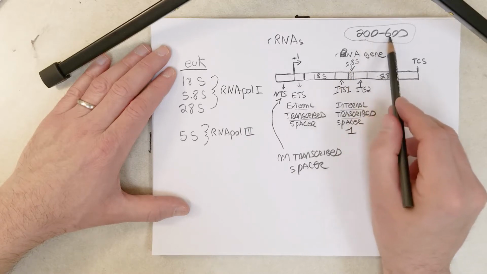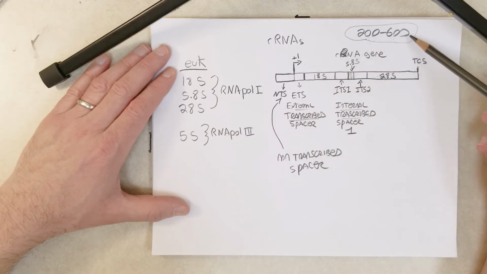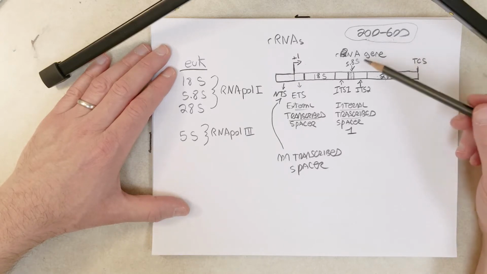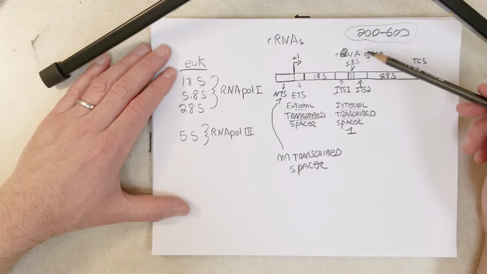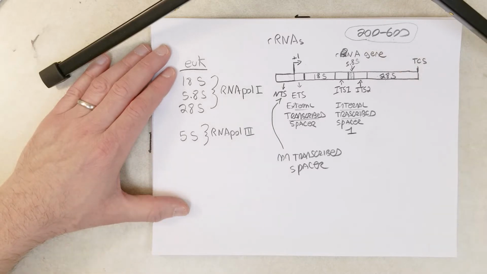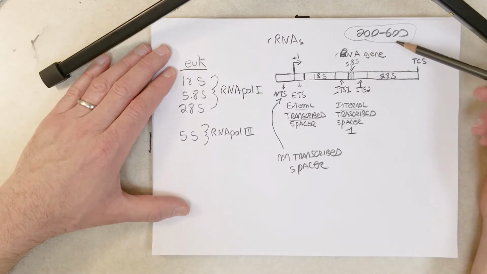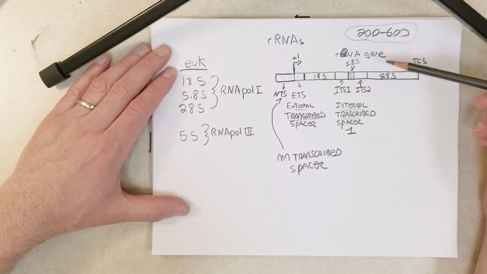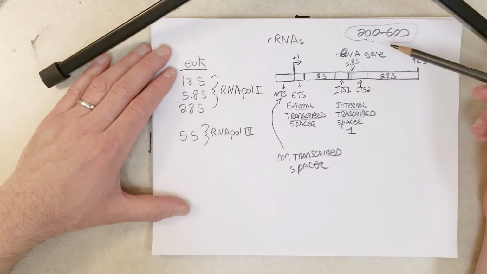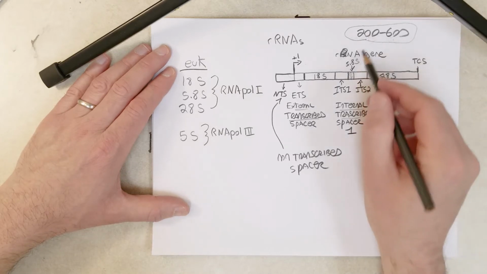So this large variation might be due to our inability to accurately measure the number of ribosomal RNA gene repeats in humans. But I'm sure in the next couple of years we'll learn more about copy number and what it means for human fitness and human health.